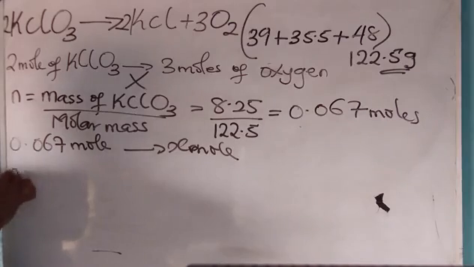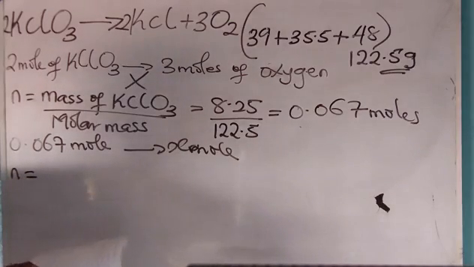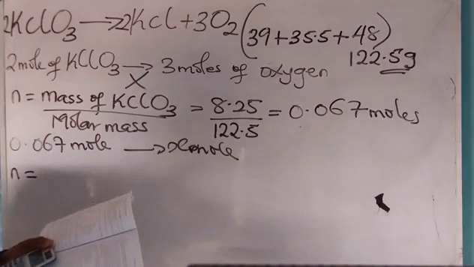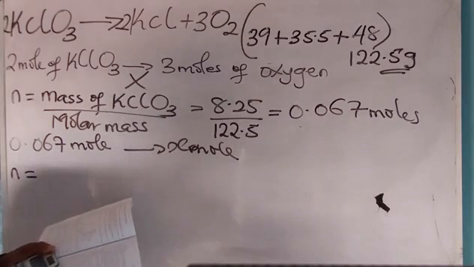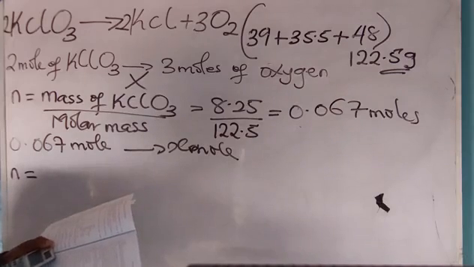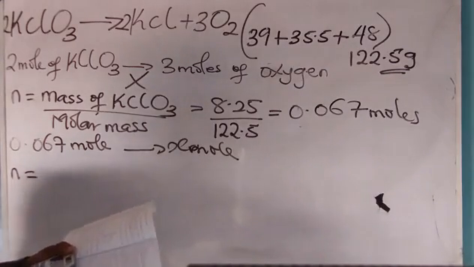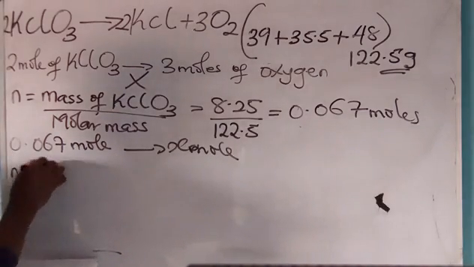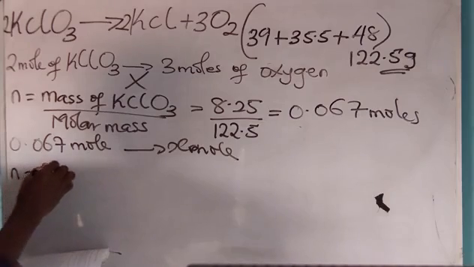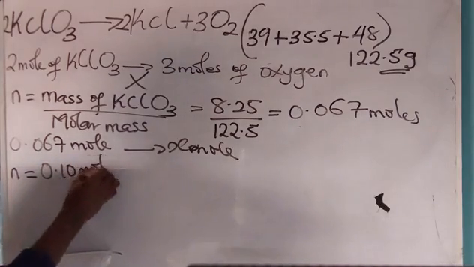So number of moles equals 0.067 times 3 equals 0.201. 0.201 divided by 2, I'll have 0.10 mole.